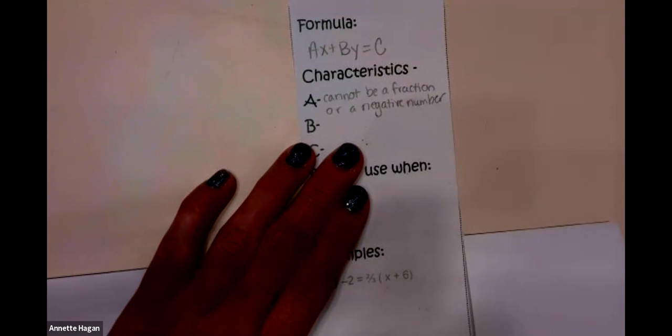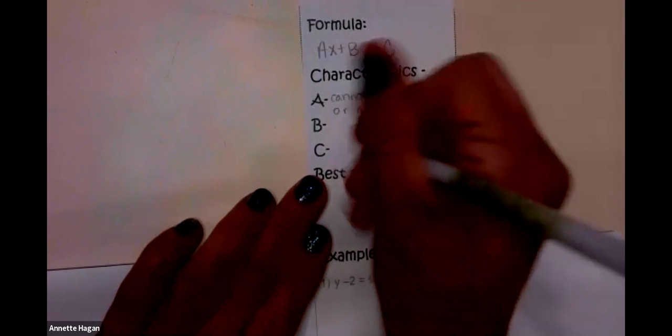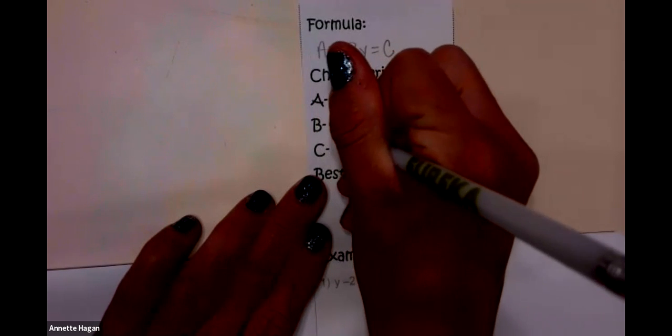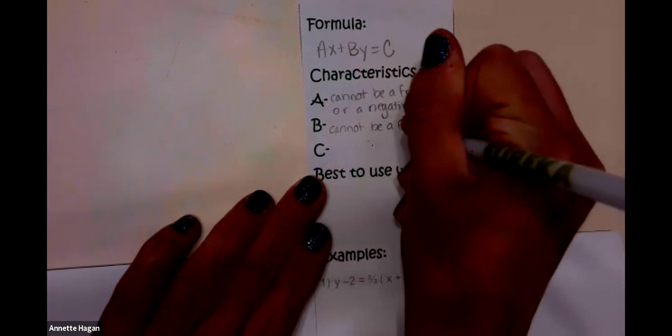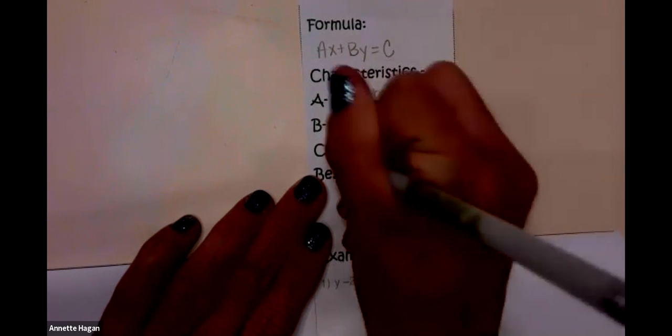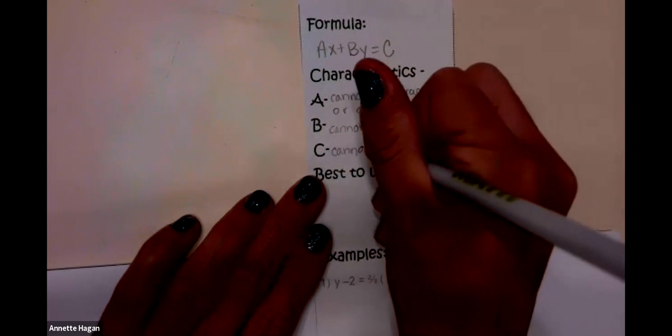B and C can be negative, but these also cannot be a fraction. So we don't ever have fractions in the standard form. We have to get rid of them.